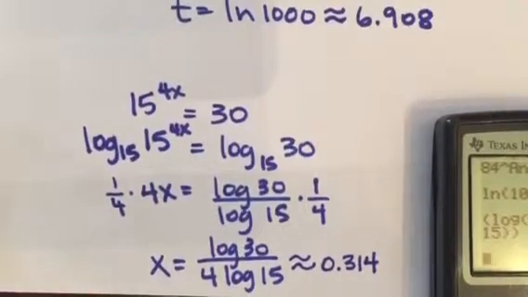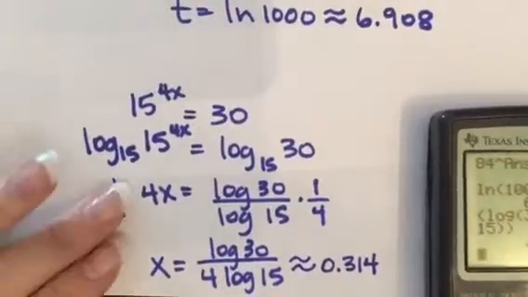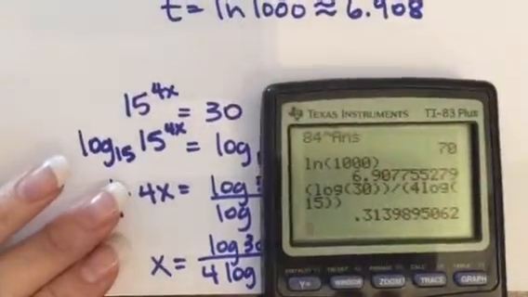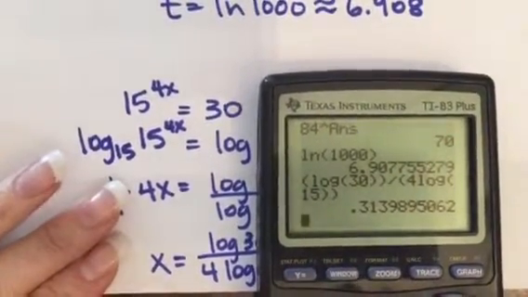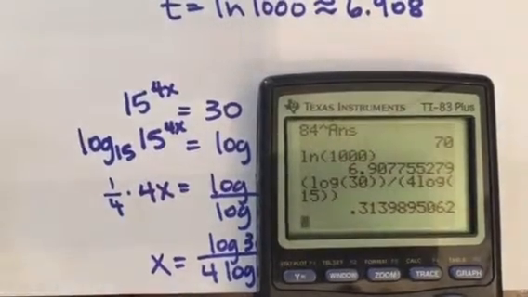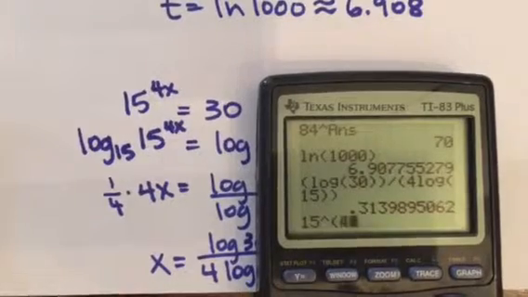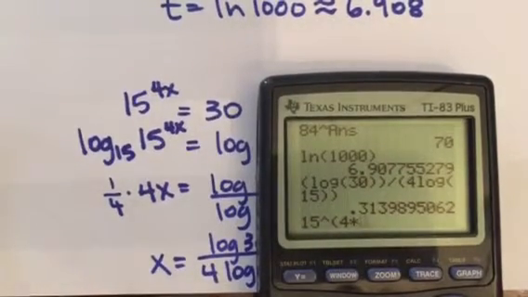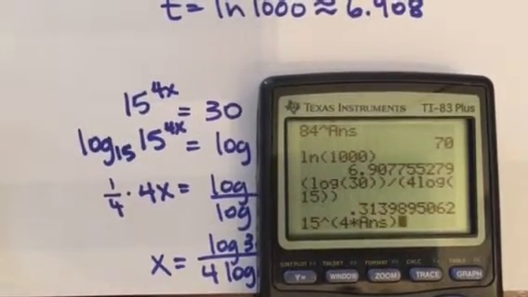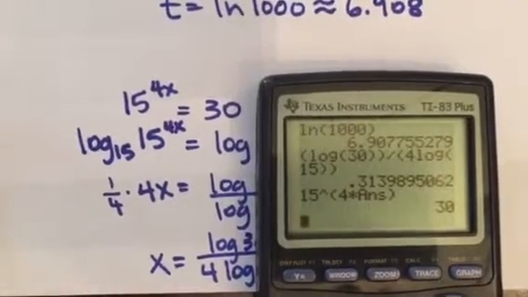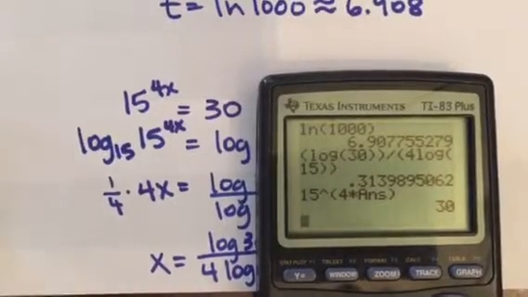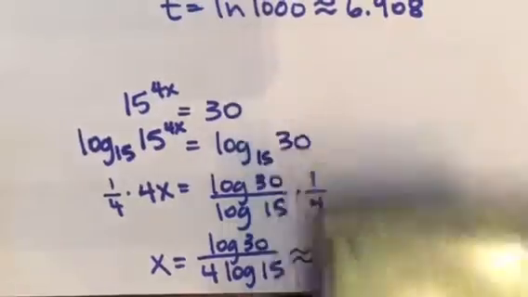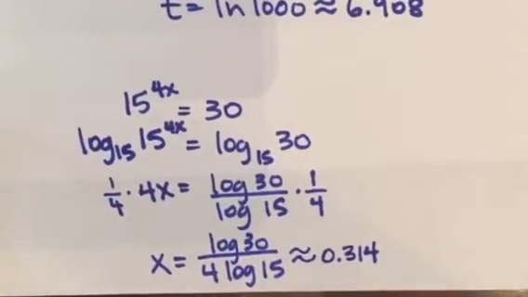Okay, so let's go ahead and put that back in the calculator and double check that it satisfies our initial equation. So let's take 15 and raise it to 4 times our answer. Okay, and look, we get a result of 30. Fantastic. Okay, a couple more examples to look at.